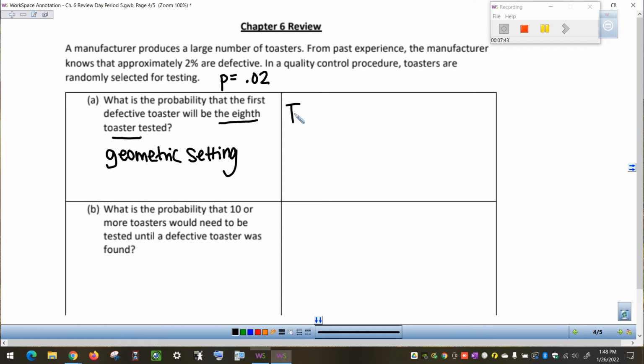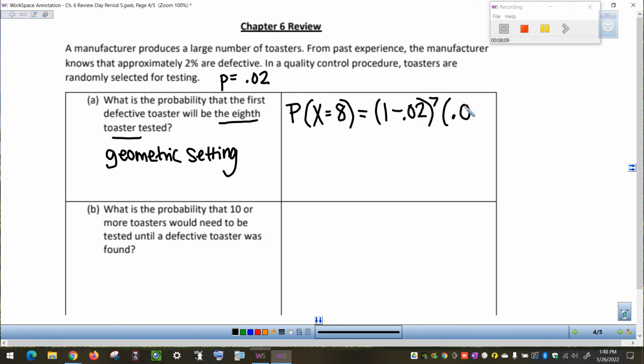And so we can think about using our formula. So the probability that x is equal to 8, well, if it's geometric, that just means that the first 7 would not be defective. And so we're going to do 1 minus p, which is actually 0.98, and we'll raise that up to the power of 7. So it's going to be 8 minus 1 to get that first exponent.